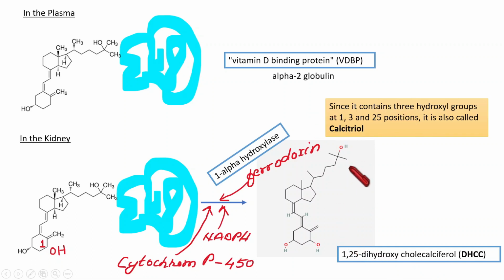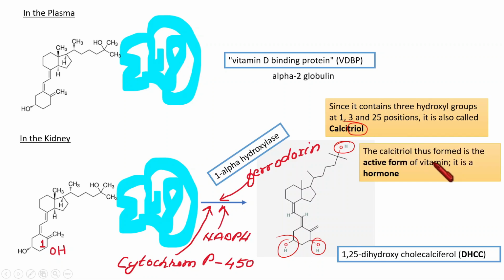Because if you look at this structure, we can see three OH groups: one, two, three. That is why this compound is always called calcitriol. The OH groups are at the first, third and 25th positions. This calcitriol is the active form of vitamin D and it is a hormone.